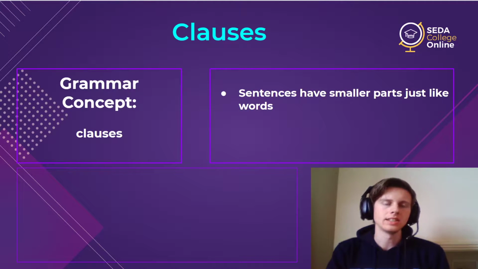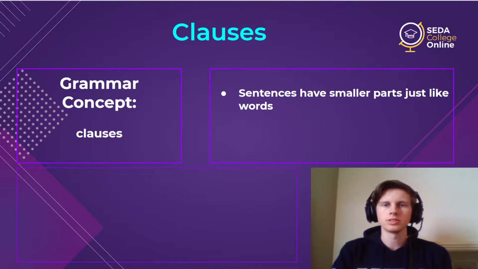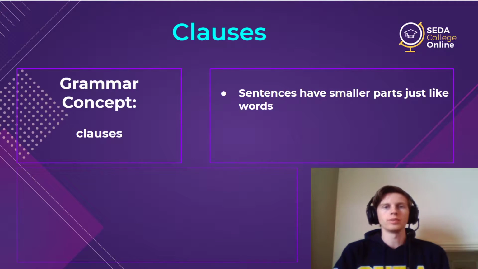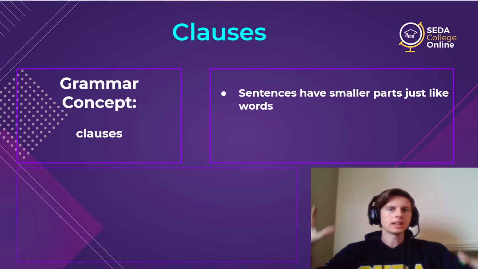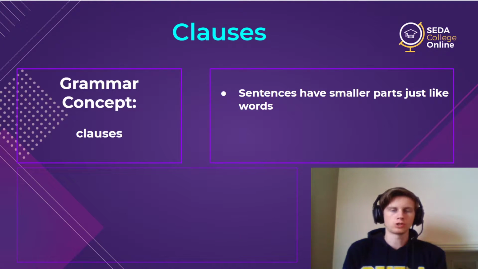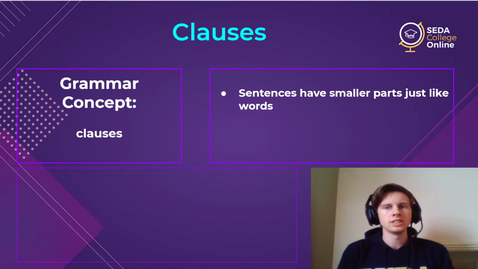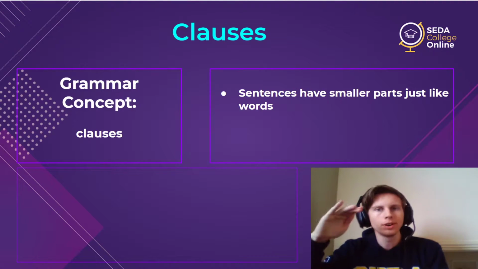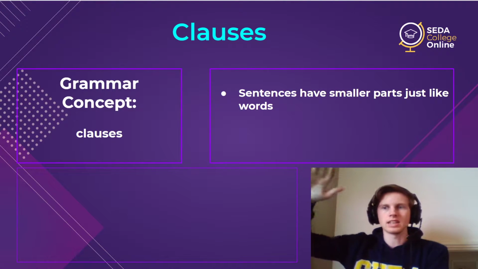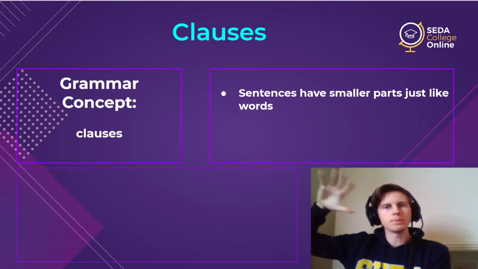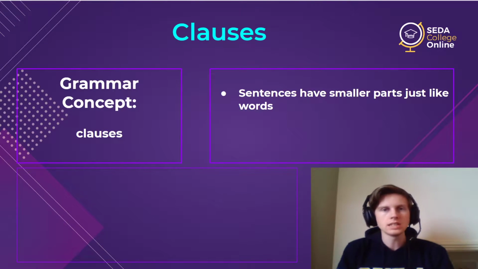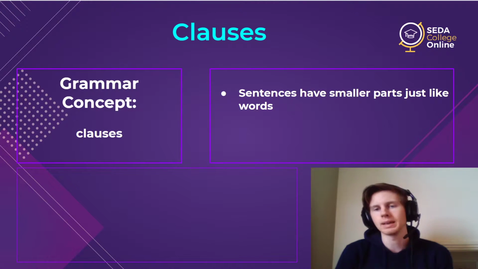Well, sentences have smaller parts, just like words. Language can always be taken to the biggest part and to the smallest part. Sounds, words, sentences, paragraphs, essays, books, they all go from the biggest to the smallest. So sentences are the exact same way.